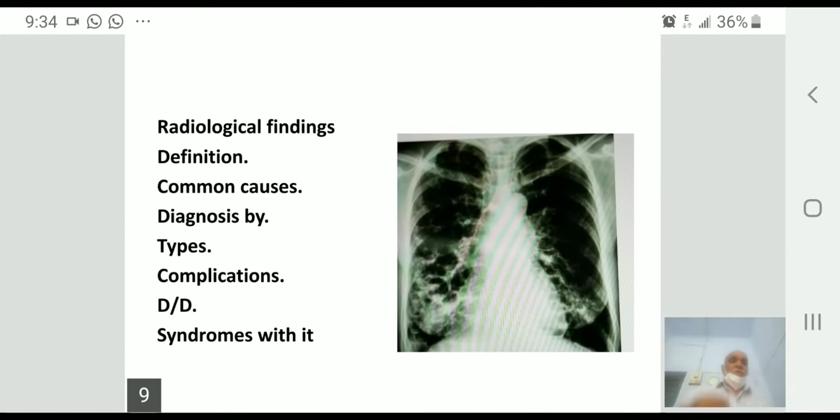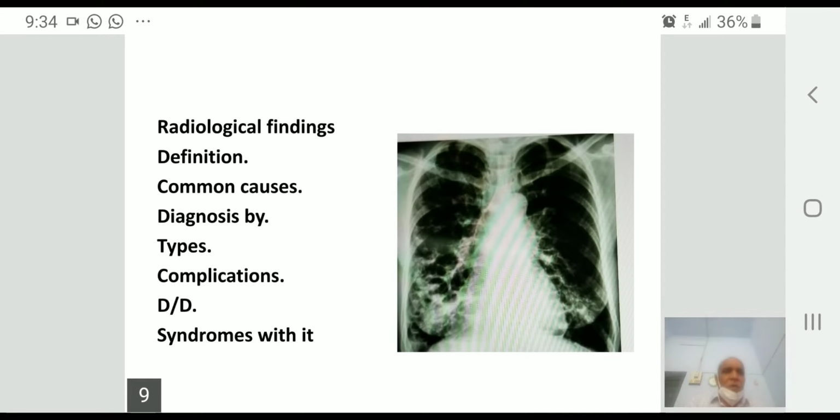Now look at the X-ray. The lesion is on both sides, mostly in the mid zone and lower zone.